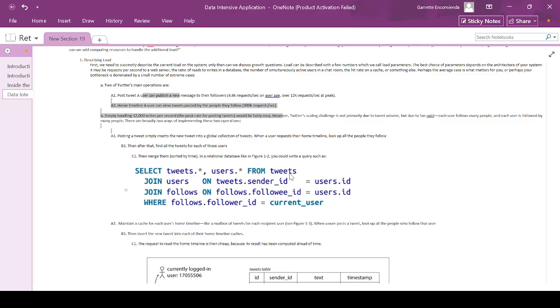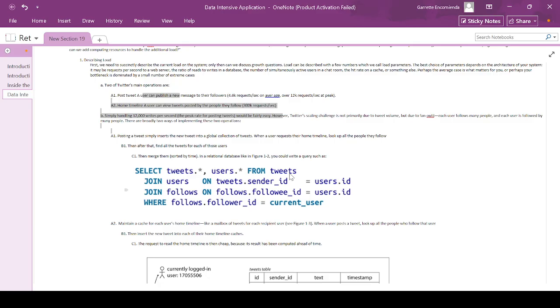Second, home timeline. A user can view tweets posted by the people they follow. That's 300,000 requests per second. For the home timeline, Twitter needs to read the posts of each of the followed people.